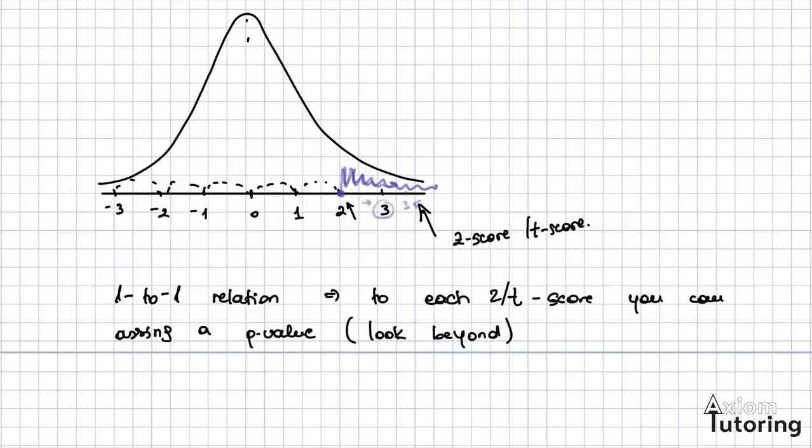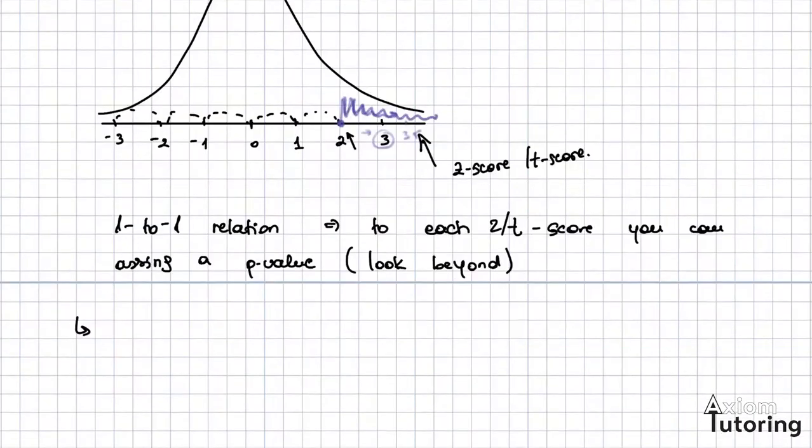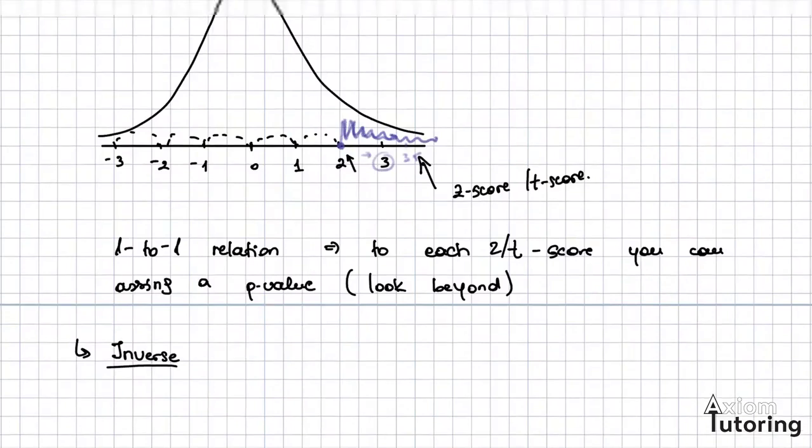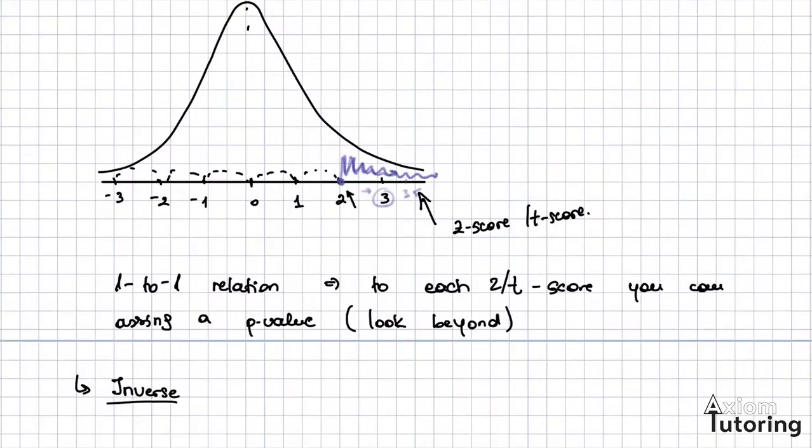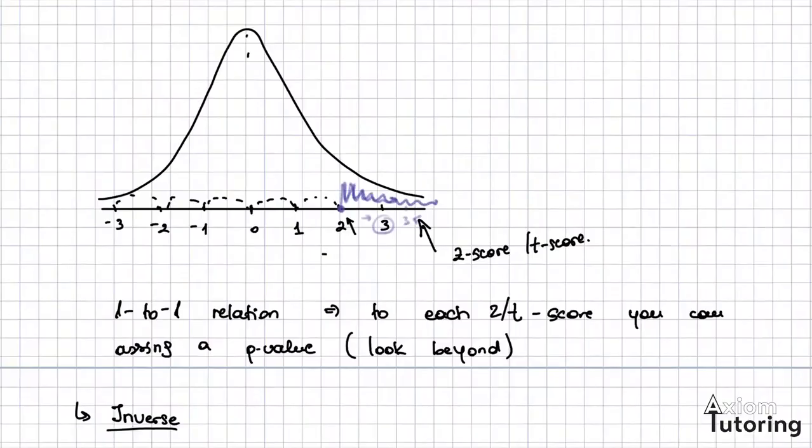Now, what is this 1-to-1 relationship? Because you might have heard that there is an inverse relationship between them. And these graphs make it very clear. When you start going in this direction and you're increasing your z or t-score, what you're doing is you're making this area all the time smaller and smaller.